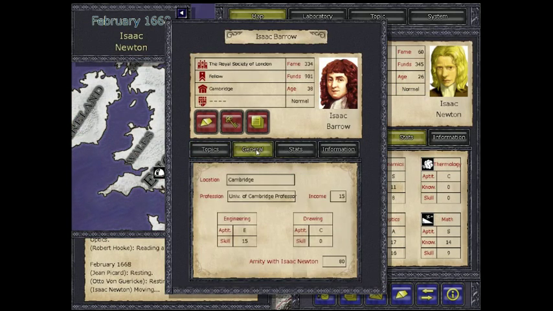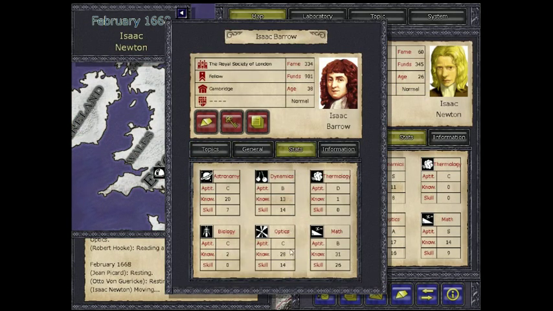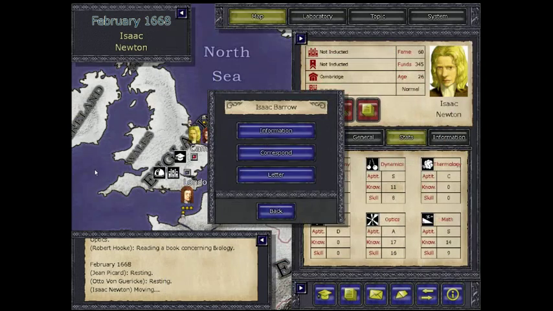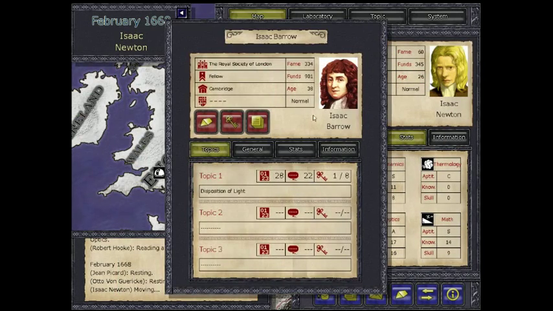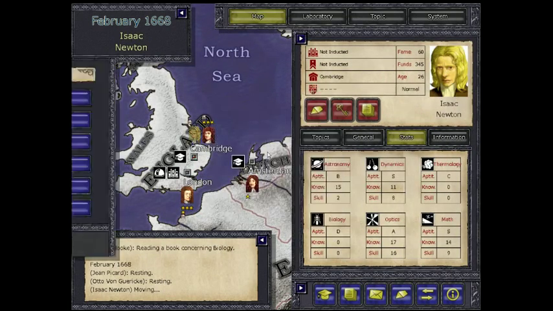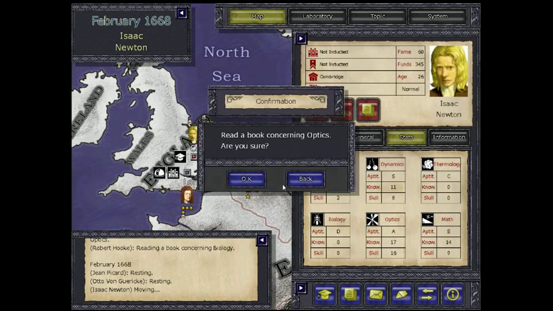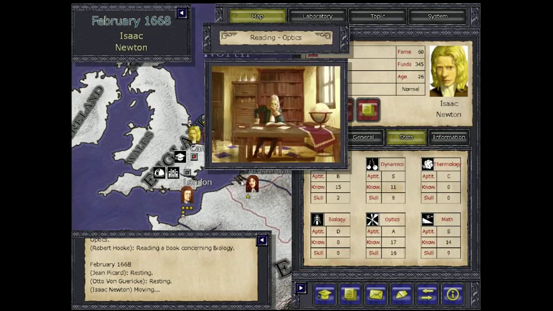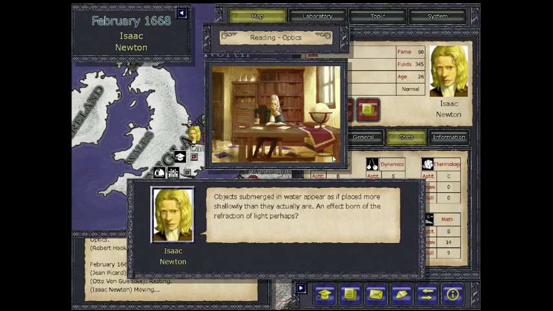Barrow has more knowledge about optics than we do, not as much skill. So I'm going to go ahead and try to read a book. Let's go ahead and read a book on optics. Maybe this will improve my knowledge, because right now it appears that Barrow has more knowledge than we do.